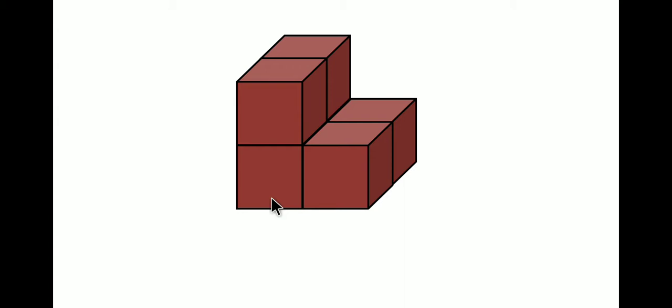So there are 6 cubes. The volume of this object is equal to 6 centimeter cube, because all these cubes are 1 centimeter cube each.